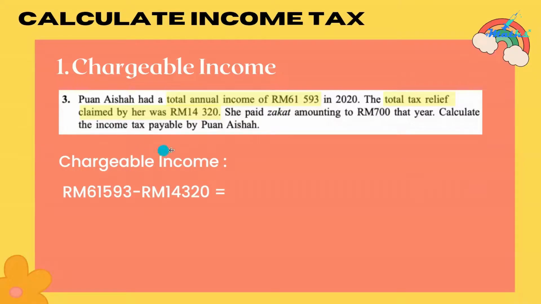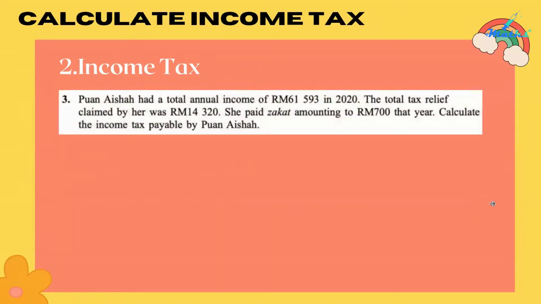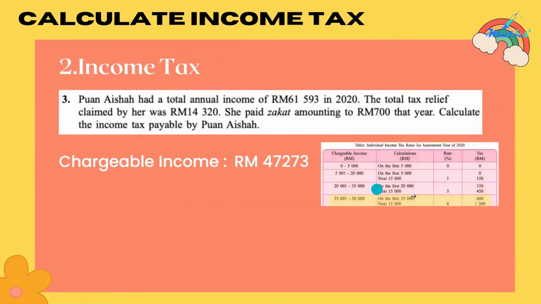The chargeable income is the annual income minus the tax relief, and the answer is 47273. The next step is to calculate the income tax, for which we need to use the table, the individual income tax rate table, to refer to the rate and the tax. Since our chargeable income is 47273, we refer to the 35,000 to 50,000 band here.